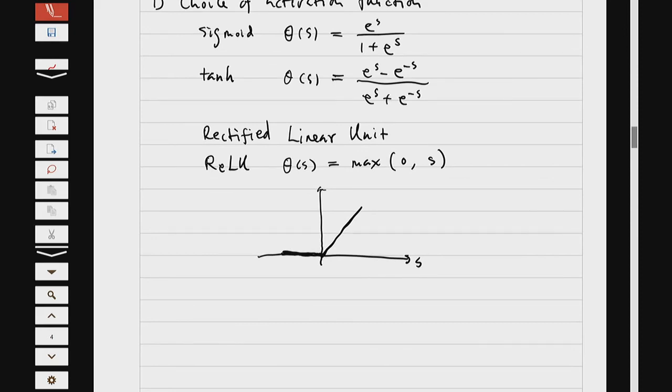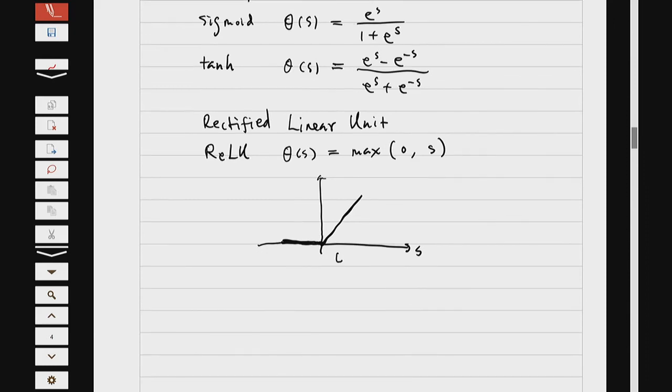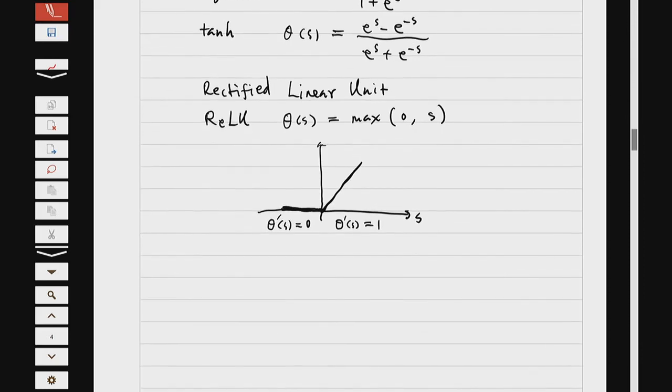In the forward pass, you don't have to do any kind of e to the s or whatever calculation numerically. And also, in the backward pass, if you look at the gradient, the gradient is also very simple. The gradient on this side is equal to 1 exactly, right? On the other side, the gradient is 0. You just check whether the input is positive or negative. That's all. No need for any extra calculation.